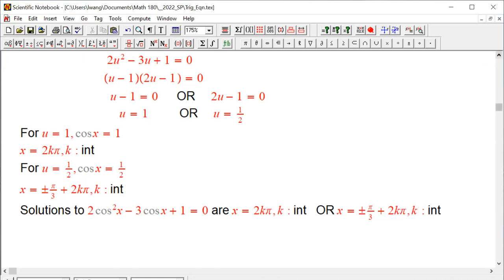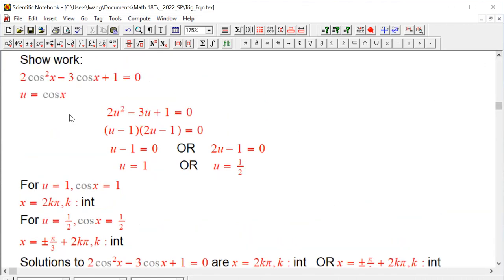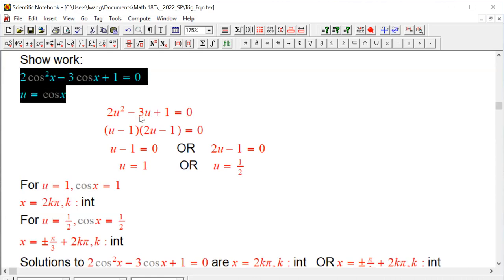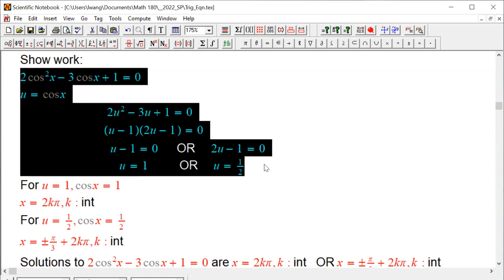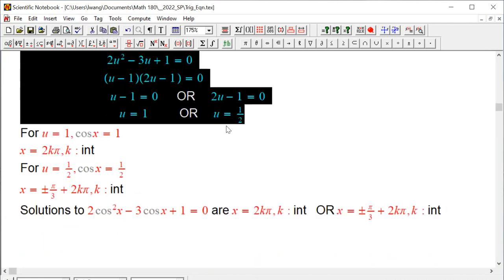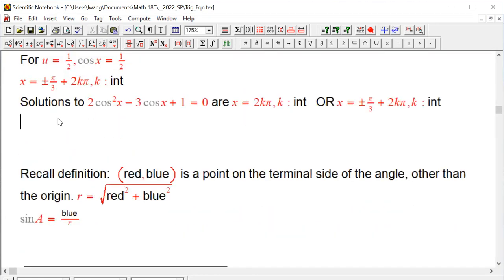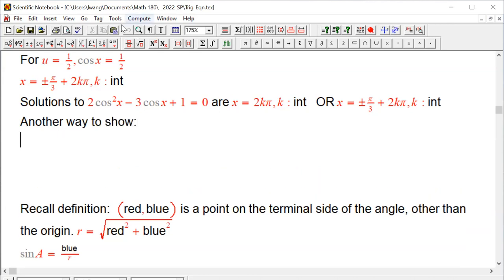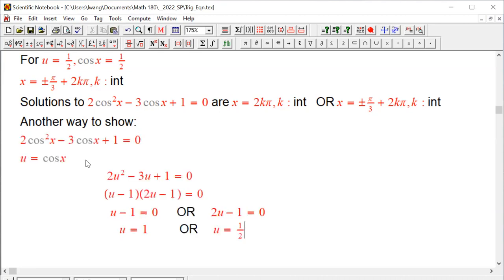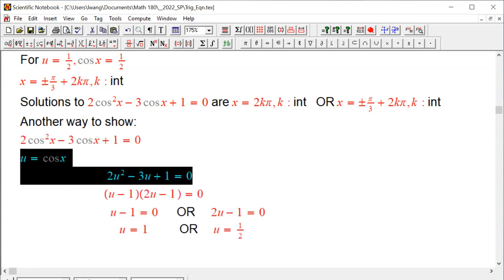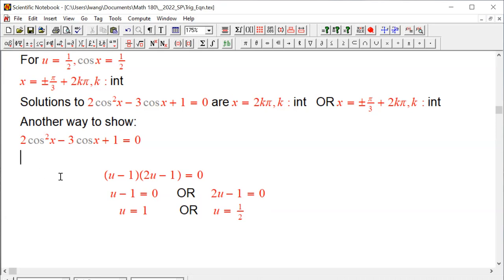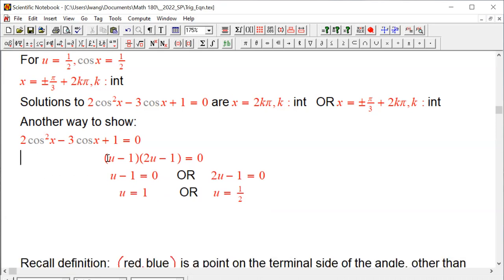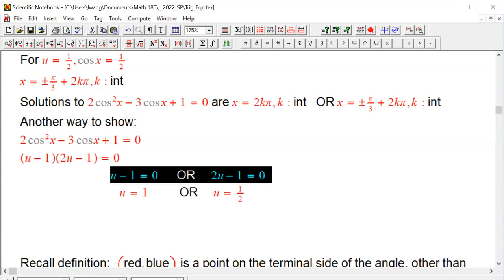Do you have to factor by introducing this intermediate variable? No, you don't have to. If you don't introduce the intermediate variable, which I sometimes tend to do, then you actually do some work on the scratch paper.